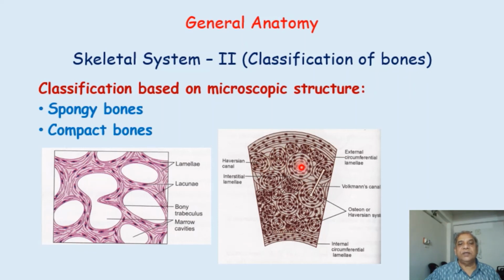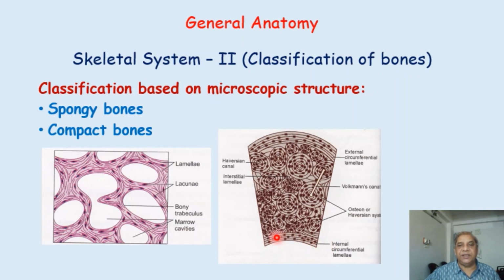Those Haversian canals will not be seen by the naked eye. That's why it looks completely compact when you see it by naked eye. Now, these layers of the bony tissue may cover the surface. This is called the external circumferential lamellae, and similarly towards the bone marrow, here will be the marrow cavity filled with the bone marrow, and towards the marrow cavity similar circumferential lamellae are present.